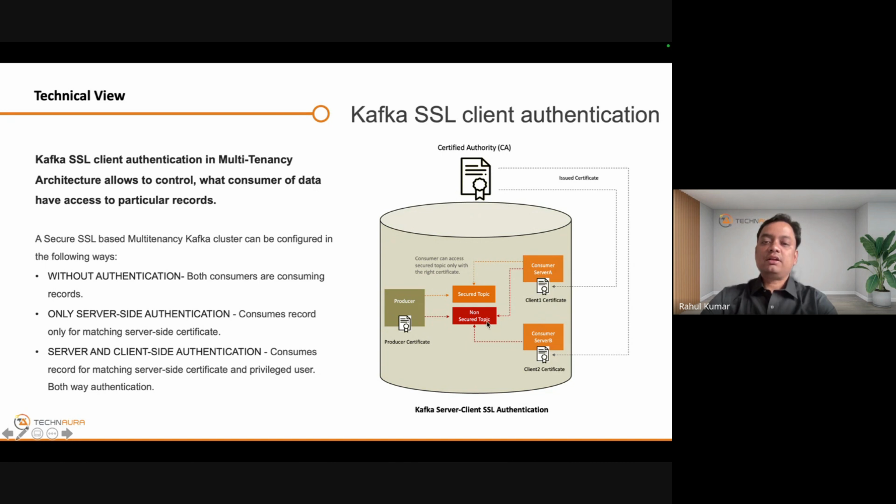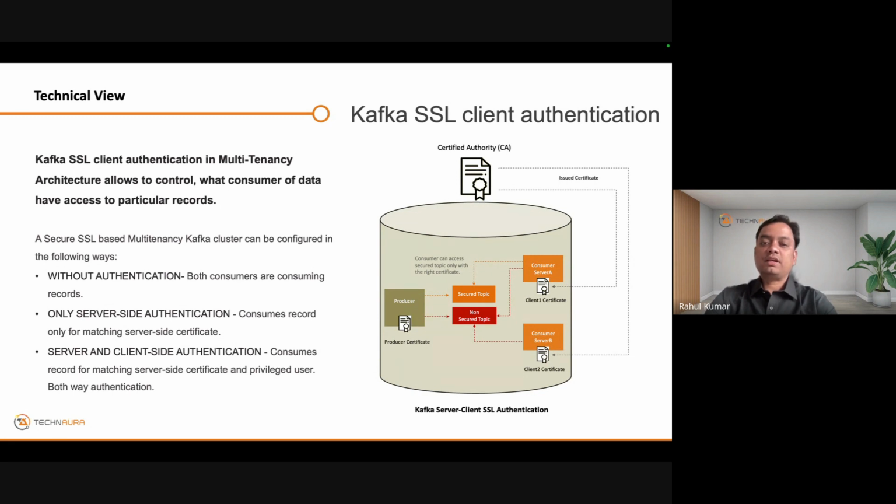So you can see that a non-secure topic can be accessed easily without much problem. And we have a secure topic also, where a consumer can access only with the right certificate. So to consume the messages from the topic, you should have proper access. Without proper certificate, you cannot access the data from the secure topic.